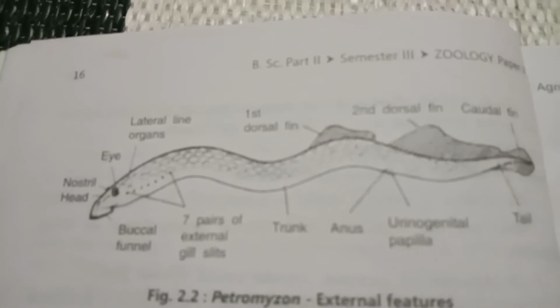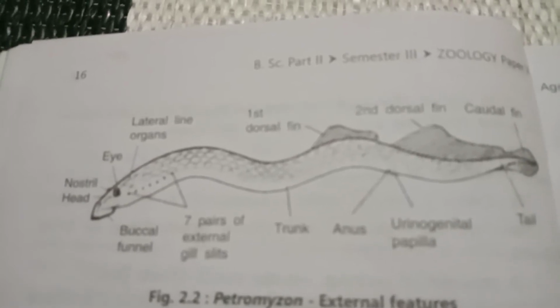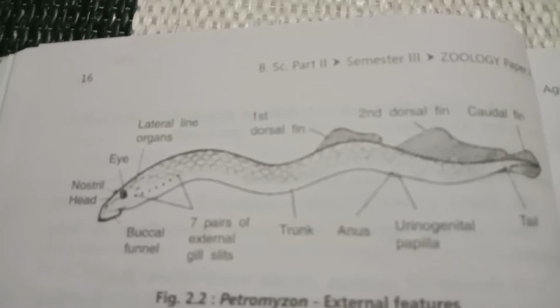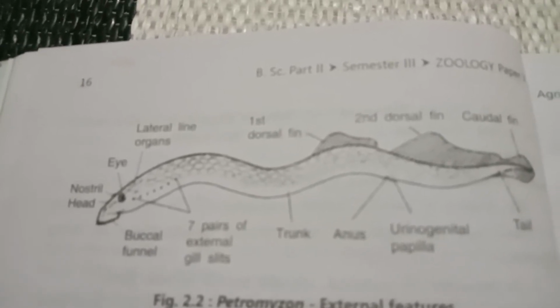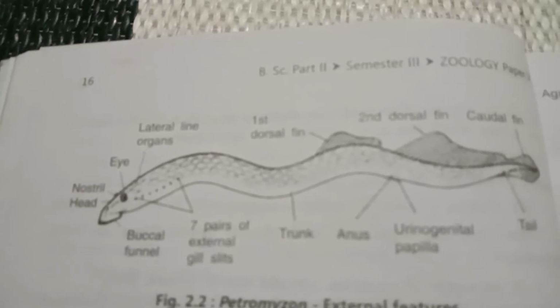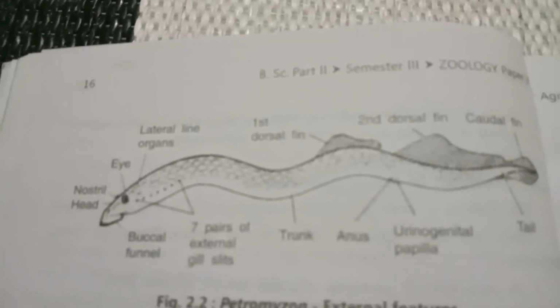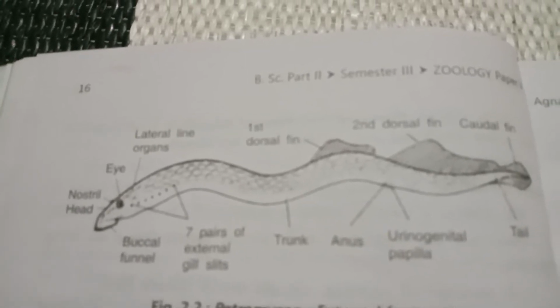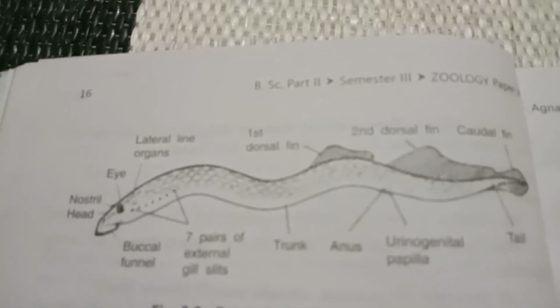You see the animal, that is, we can differentiate the animal. Anteriorly, there is presence of head, and posteriorly, there is presence of tail. You see the fins. There are two types of fins.